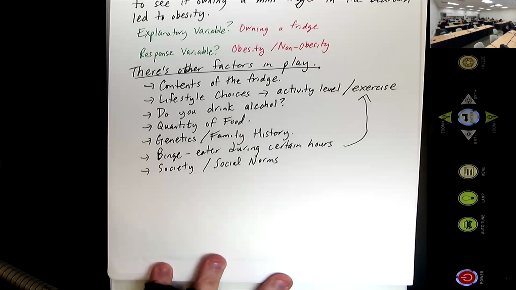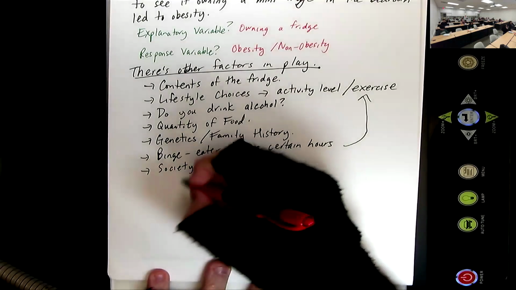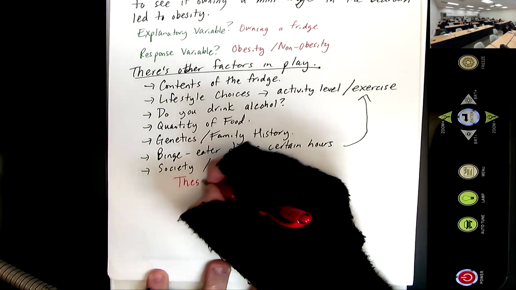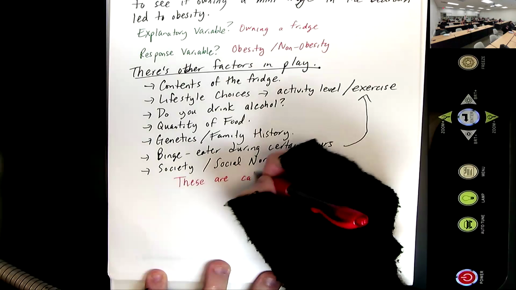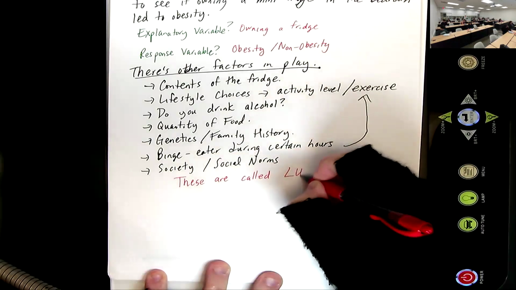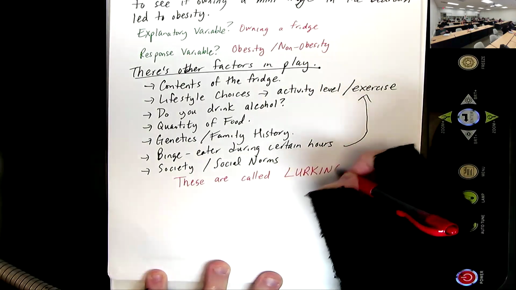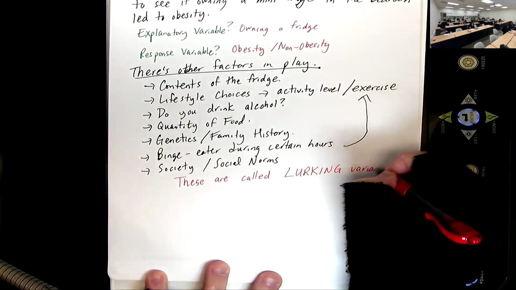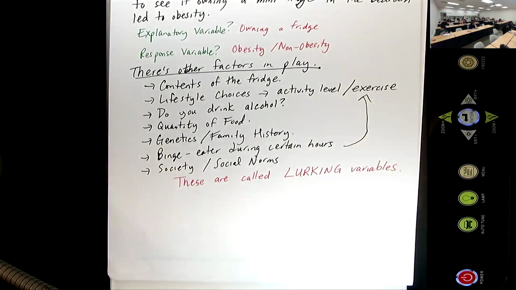Okay, so what is this category called? This is a category of stuff. These are called lurking variables. Lurk is a great word. Cats lurk.